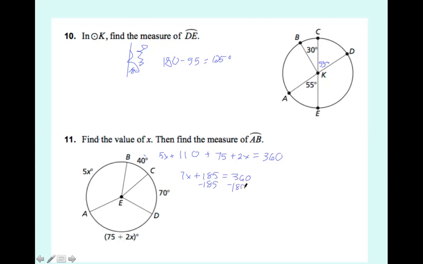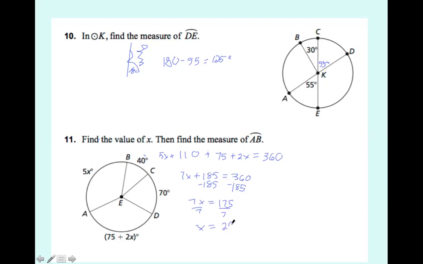So then I get 7X is equal to 360 minus 185, and I get 175. Divide both sides by 7. And I can find the value of X is 175 divided by 7, 25.